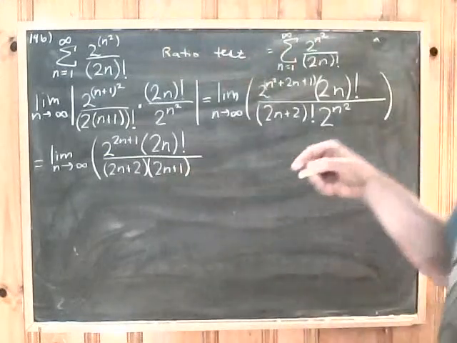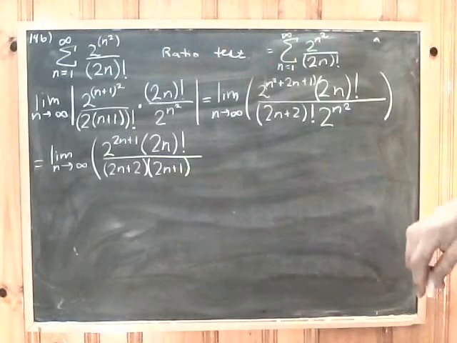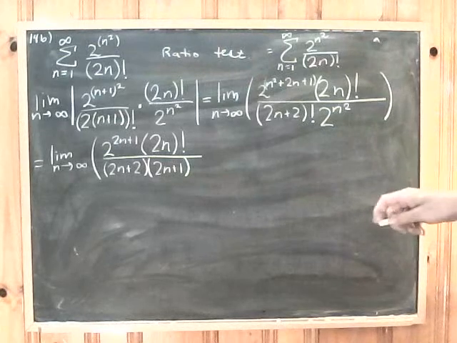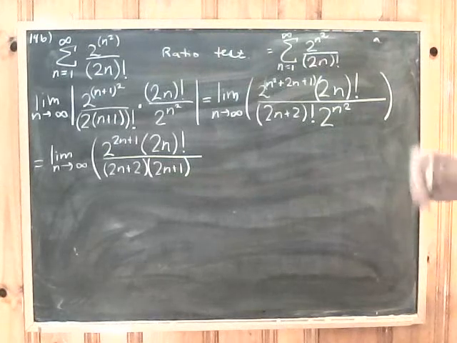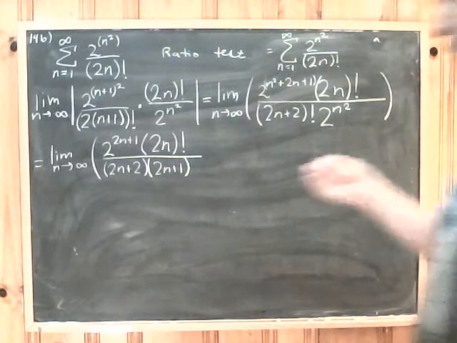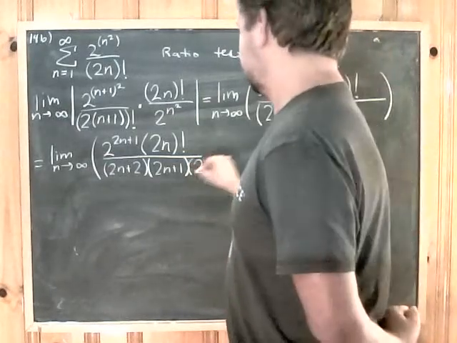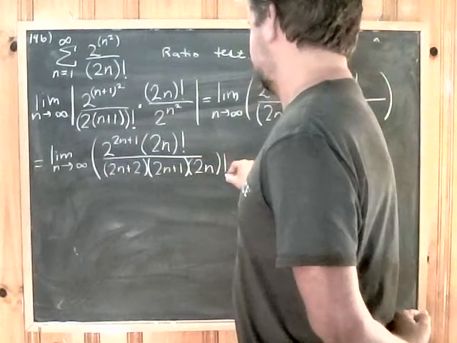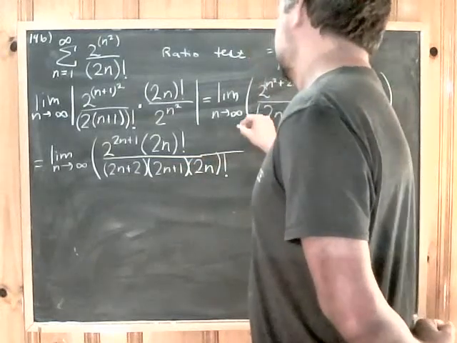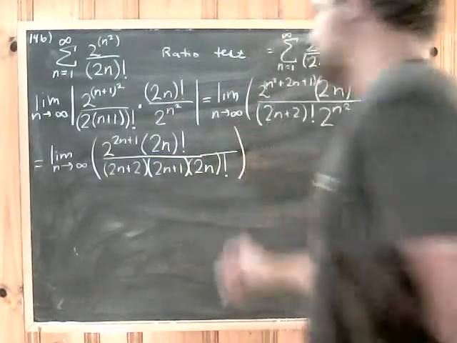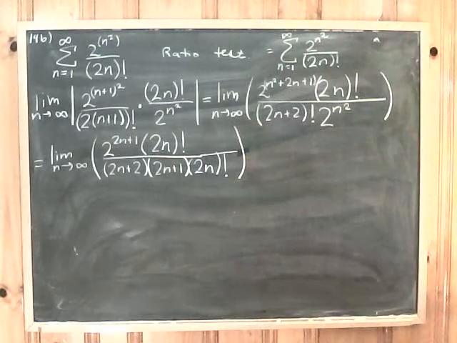But this time, I'm going to have to pull out 2 pieces, because the first time I write down 2n plus 2, then I write down 2n plus 1 because it's 1 less. And then finally I get to 2n. And I can just say that keeps going, not forever, just down to 1. And so that's the same as 2n factorial.